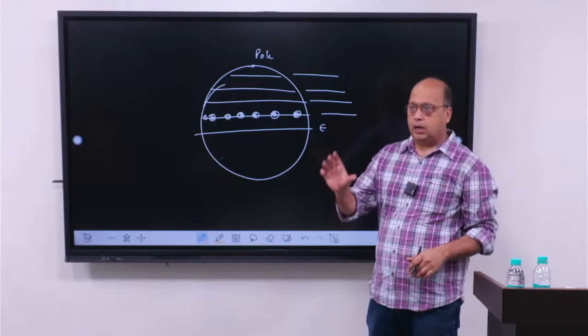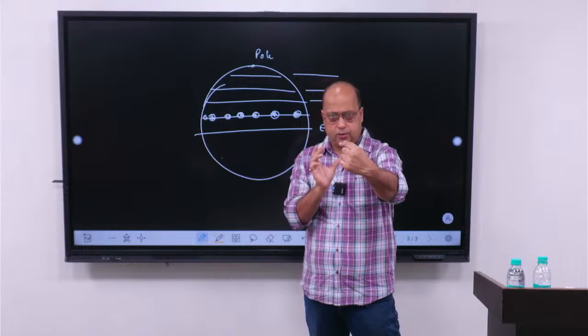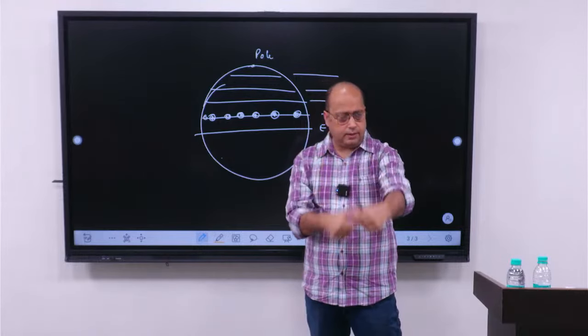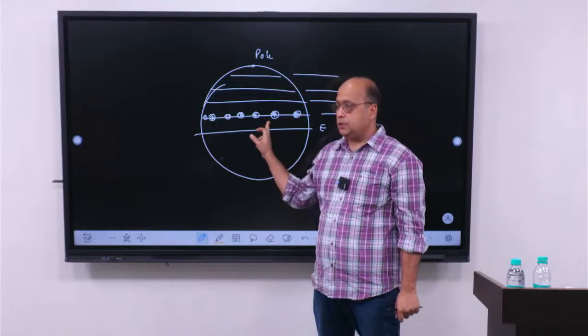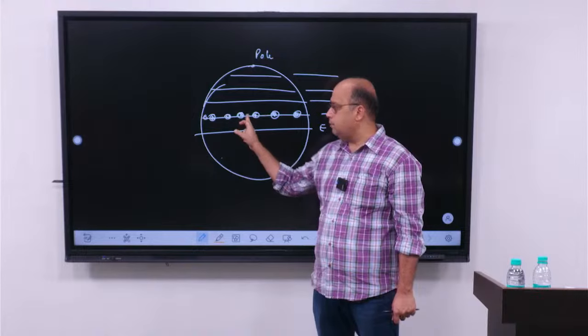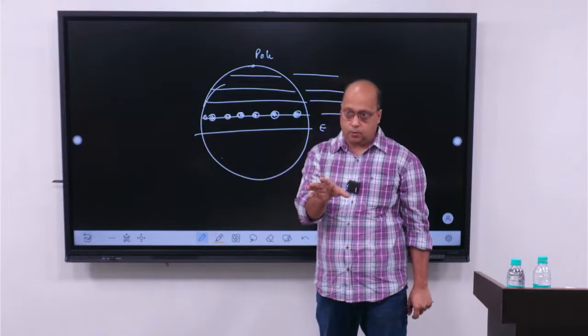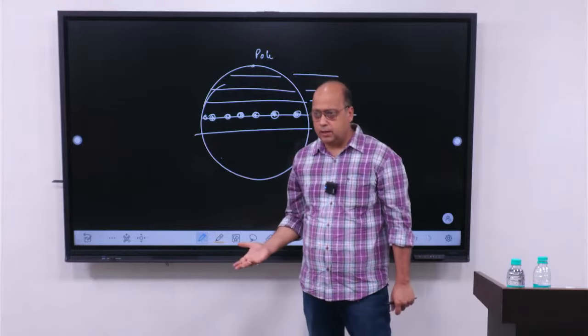Why? Because the latitudes are parallel and with the rotation, every place of the same latitude will come in front of the sun, right? So that is why the places on the same latitude represent the same amount of absorption. And now it varies because of the nature of the land, what we have learned yesterday.